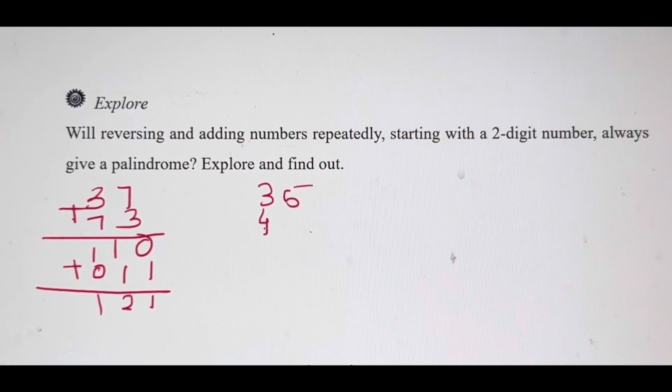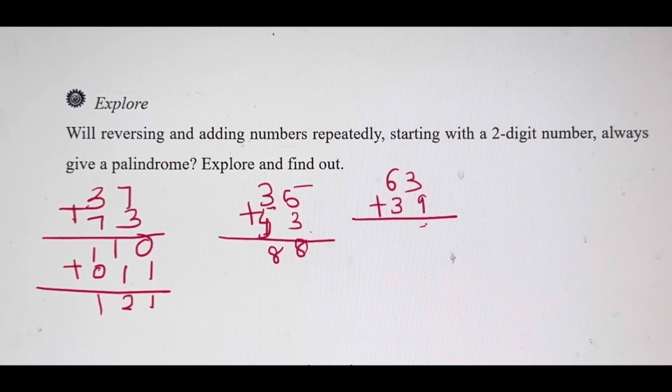Now let us try with 35. The reverse is 53. We add it and we get 88. Let us try with 63. 63 plus 36. So this is 9 and this is also 9.